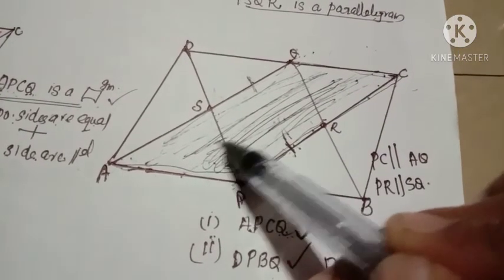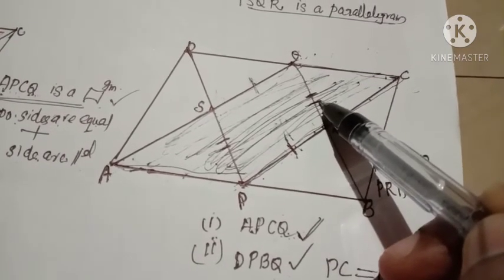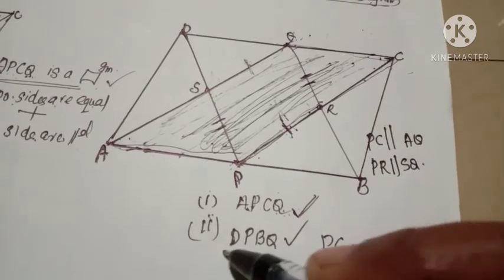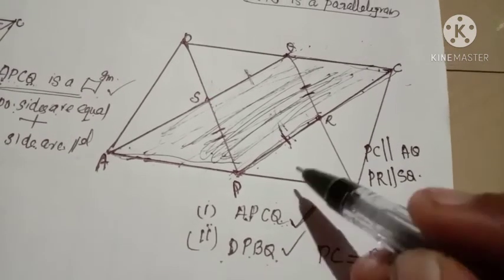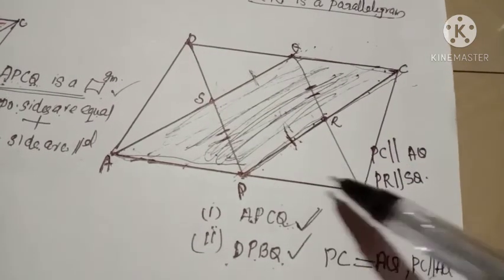Now, we need to prove these two opposite sides are parallel. That is obtained from the second one, DPBQ. Look at the figure. What is DPBQ? DPBQ, this one.